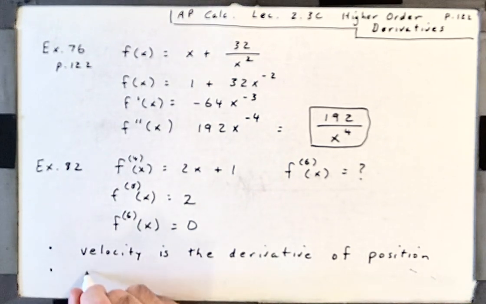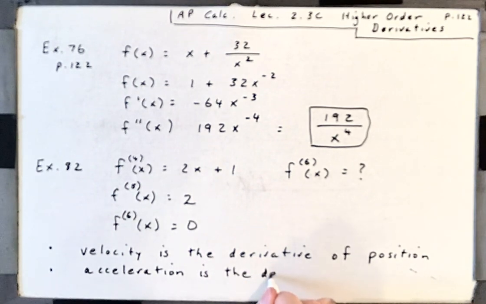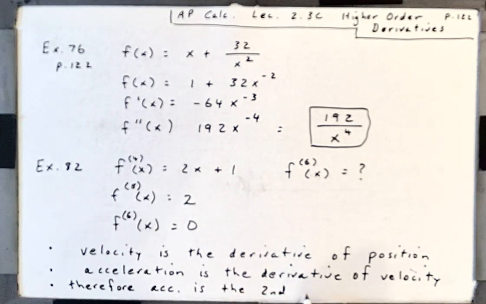And acceleration is the derivative of velocity. So therefore, acceleration is the second derivative of position.